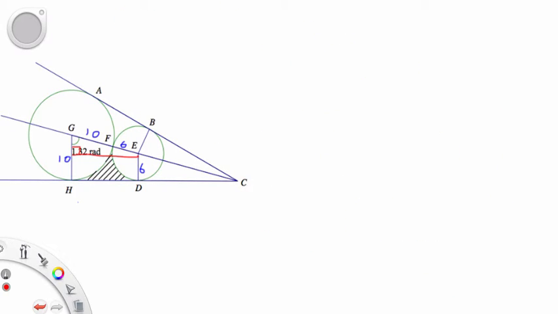Now to find question 8C. For question 8C, they ask you to find the area of the shaded region. First of all, think about what formula you need in order to find the area of the shaded region.